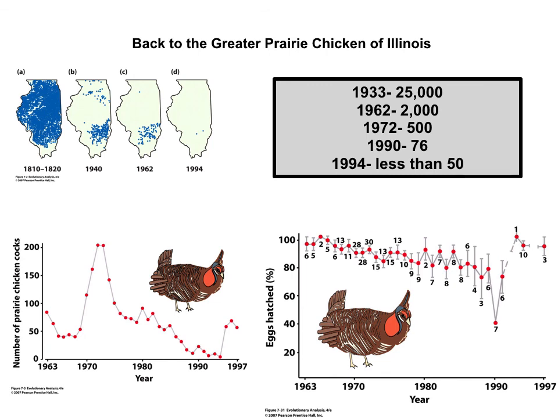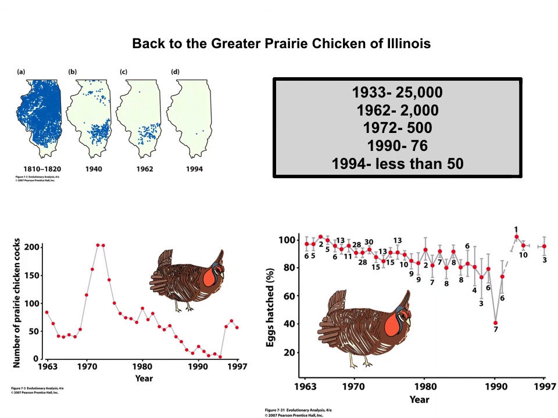But the flip side too is, okay, we can understand what's going on, but now because we understand what's going on, we can possibly use our knowledge to help this population out, to help cure the problem. And so in the 90s, that's exactly what researchers did. They said, okay, they're suffering from low genetic diversity, inbreeding depression.